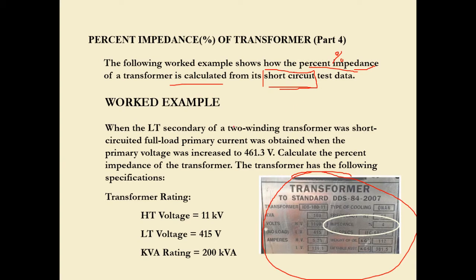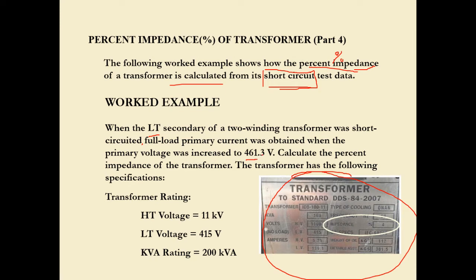So when the LT, which stands for low tension secondary of a two winding transformer, was short circuited, then the full load primary current was obtained when the primary voltage was increased to 461.3 volt.